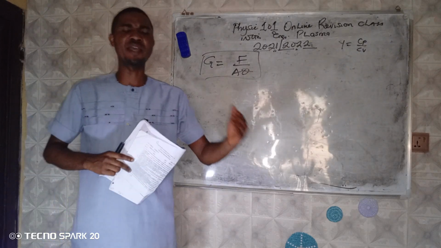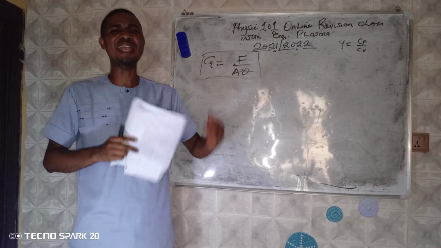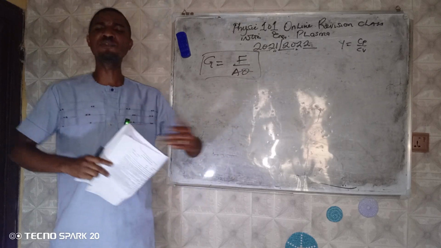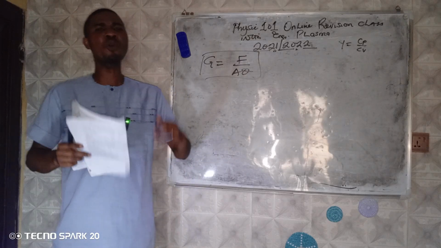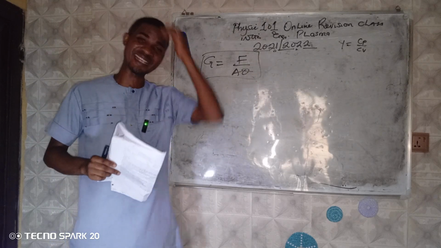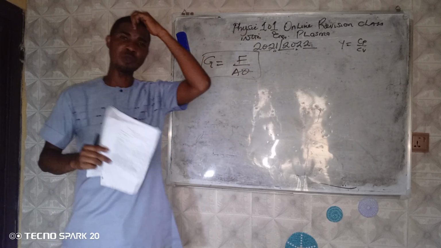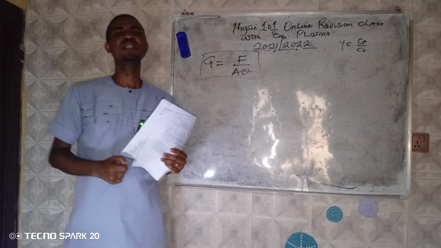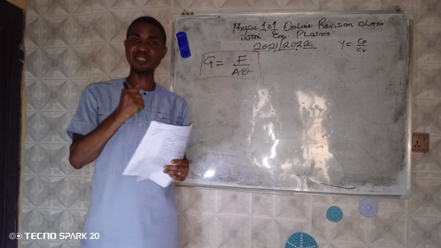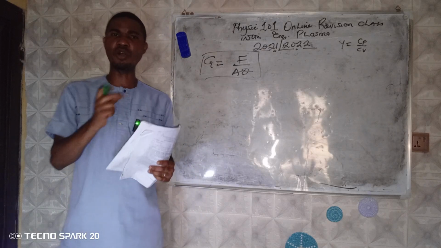Liquids that do not flow very well are said to be highly viscous, while the ones that flow regularly are said to be low in viscosity. Examples of liquids with high viscosity are grease and honey. Original honey, not the fake ones you see in the market, is very thick.